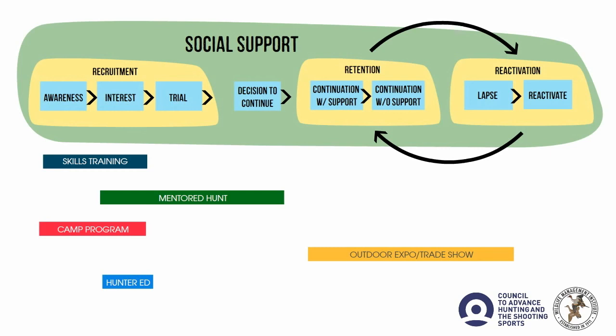That is, the difference between an R3 strategy specifically designed to create more or more avid participants and a tactic you could employ to achieve one of those two outcomes. For example, if your goal with an R3 strategy is to reduce annual license churn of, let's say, small game hunters, you may decide to use targeted marketing to reach customers in your license database who have purchased a small game license for the first time, but their license is about to expire.